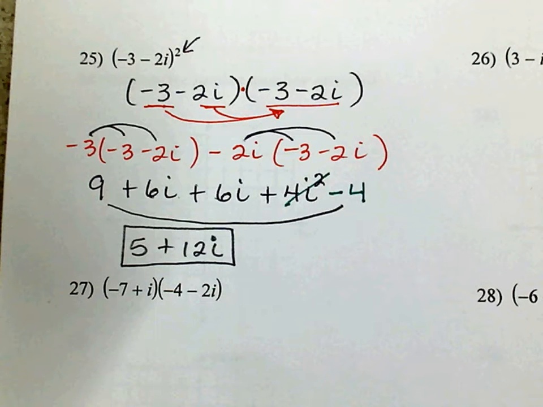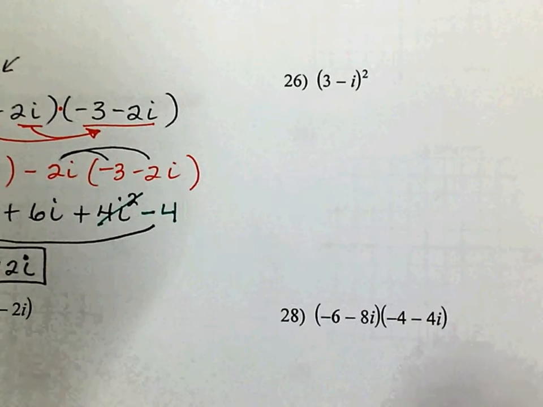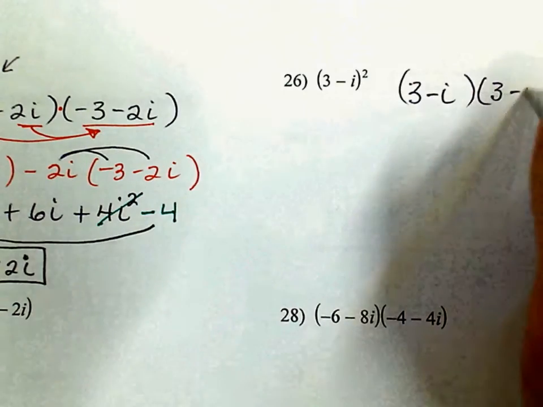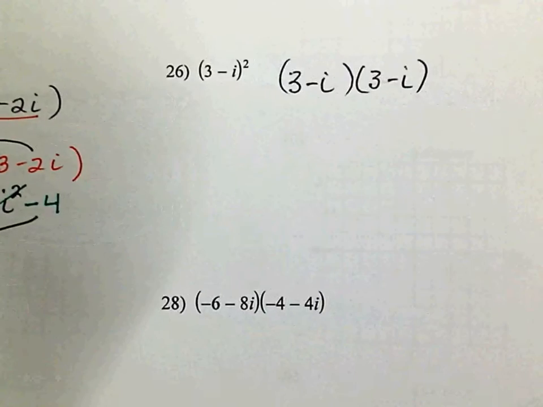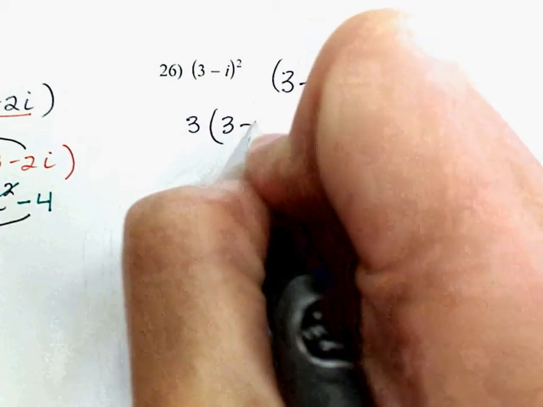Any questions? All right. Let's go ahead and try the next one. Number 26. 3 minus i times 3 minus i. Correct? Okay. Take the 3 times the next group. I'm putting those together.